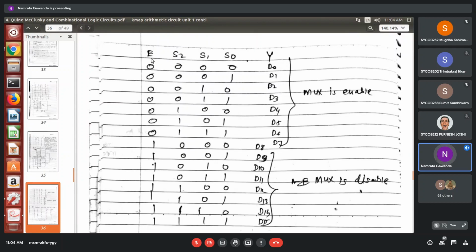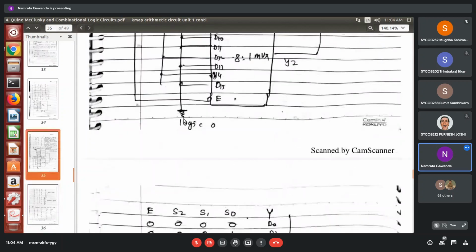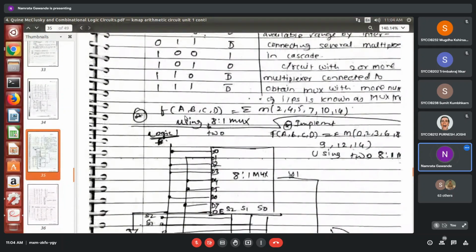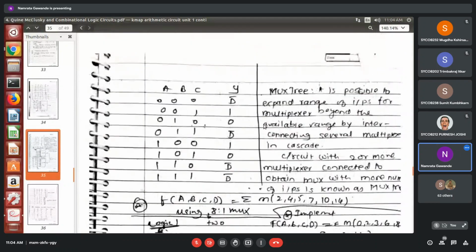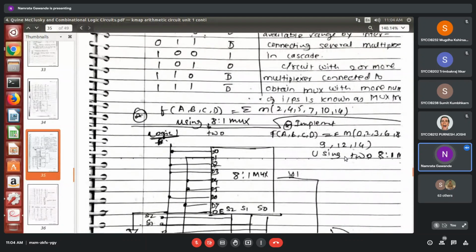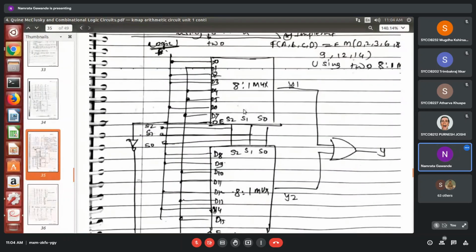So you should know the general purpose of E: E is an enable, that is nothing but the strobe input which is used to make the multiplexer IC active. So this is the cascading done using 2 8:1 muxes.